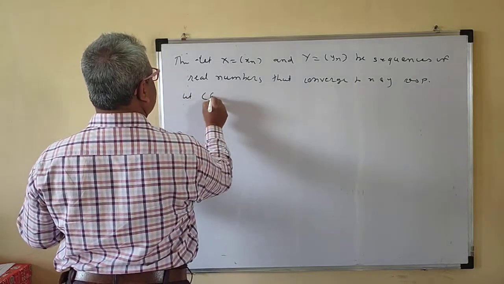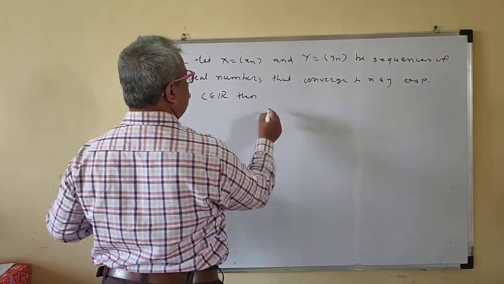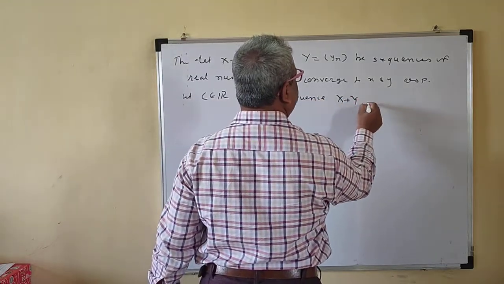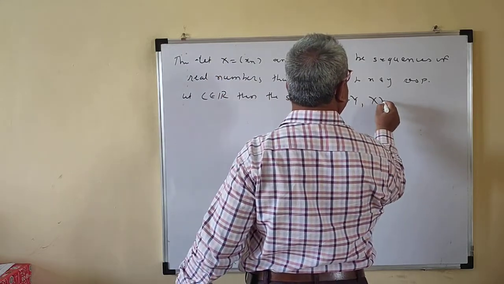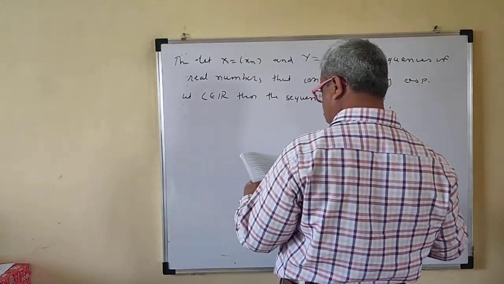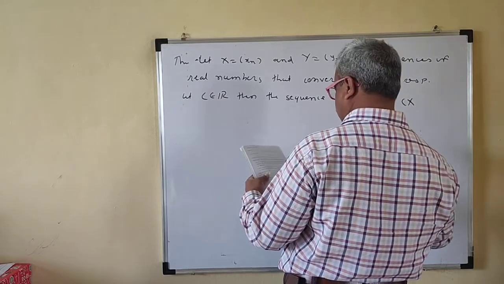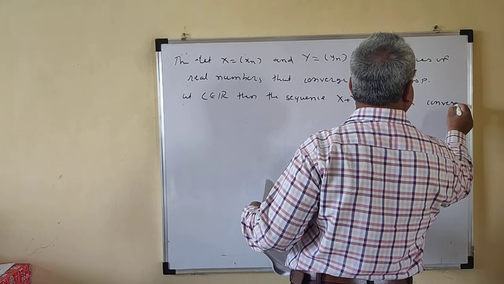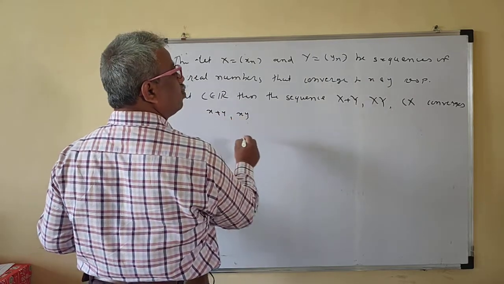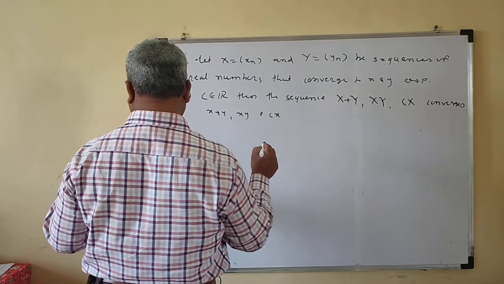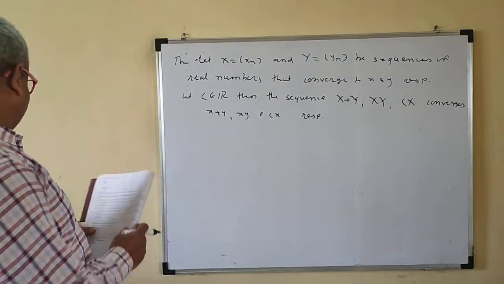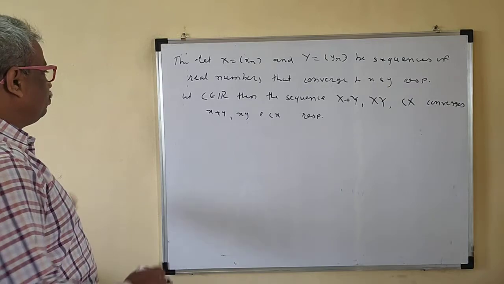Let c belong to R, then the sequences x plus y, xy, and cx converge to x plus y, xy, and cx respectively. So, prove this one.